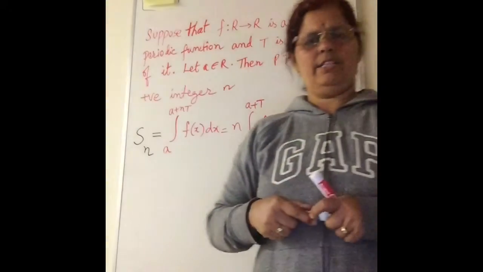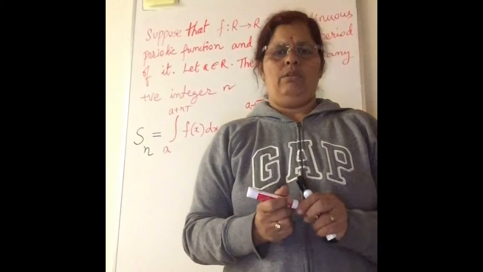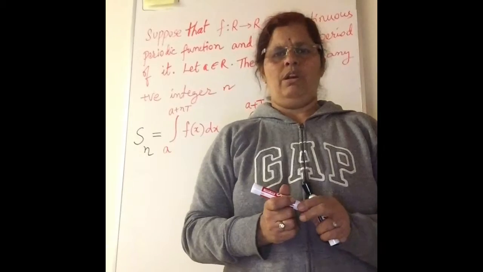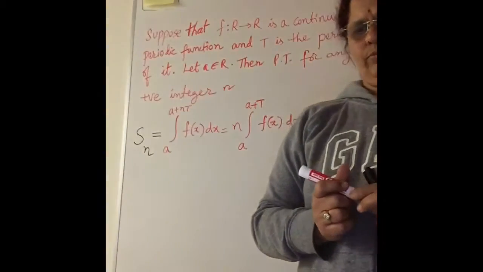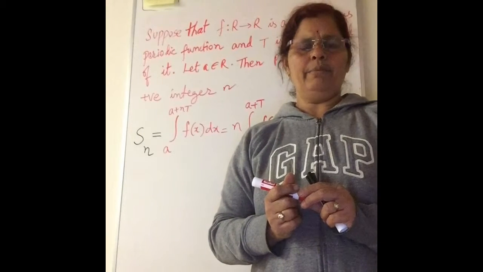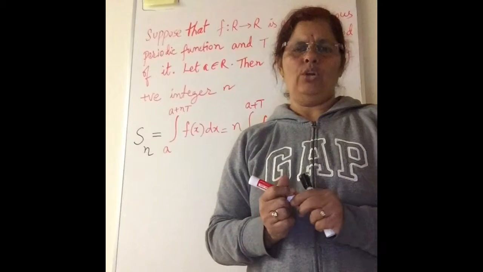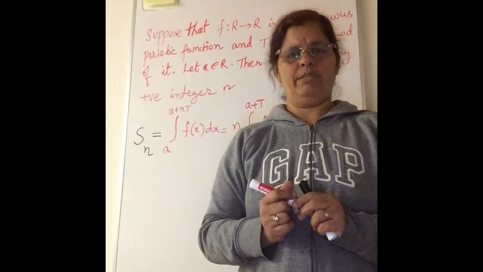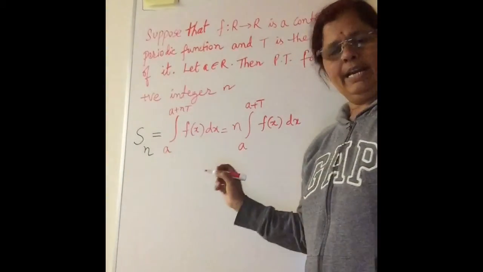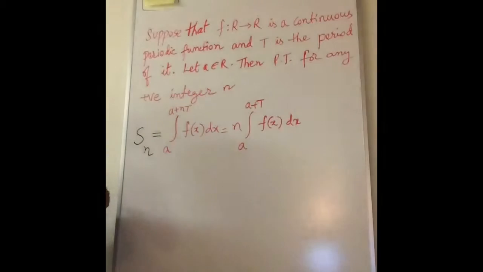There are three cases we see in mathematical induction. For n is equal to 1, we prove that it is true, and we assume that it is true for n is equal to k, and by that we prove it is true for n is equal to k plus 1 also. Now let me take the first case, that is if n is equal to 1.